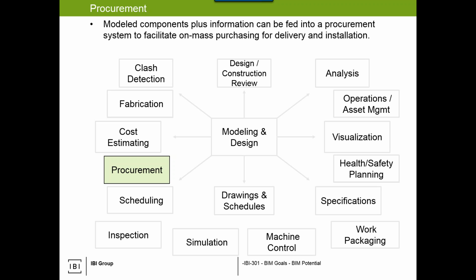So we had standard specs, standard components for various types of pumps built into an enterprise-wide procurement system, and as we modeled these projects, the data was fed into the system, and we knew the pump type, the location, and where we were procuring from. And they were procured en masse, therefore providing savings and ultimately bettering the project as a whole.